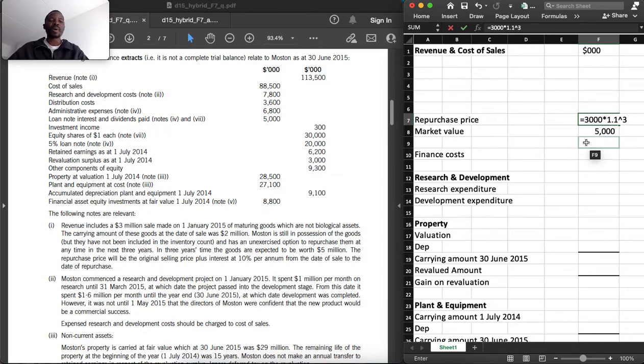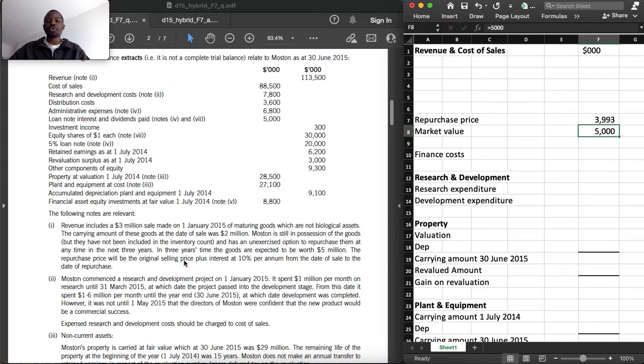So we'll say 1.1 to the power 3 like that. So the repurchase price will be 3,993, whereas the market value will be 5,000. So the repurchase price will be far less than the market value. So indeed, this is not a sale, but it's rather a loan.